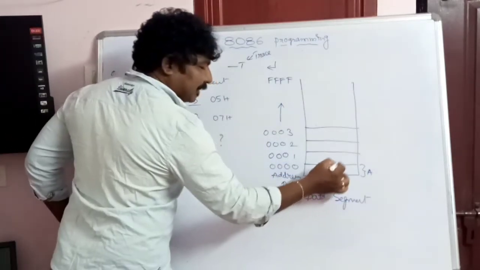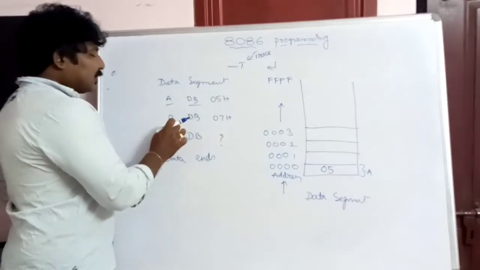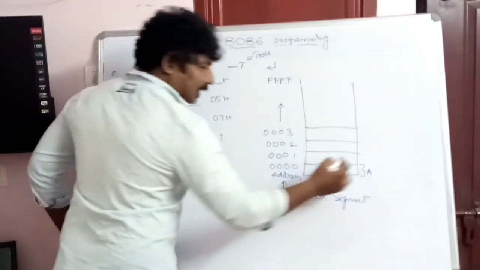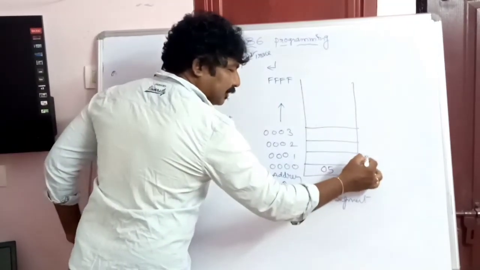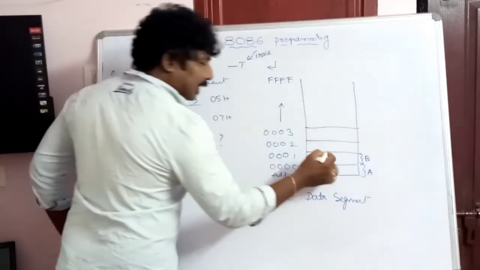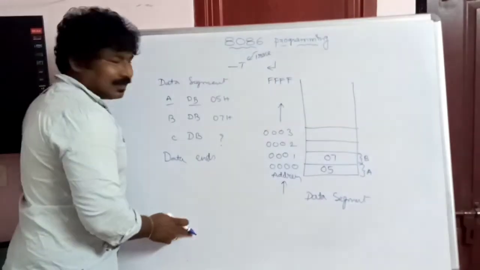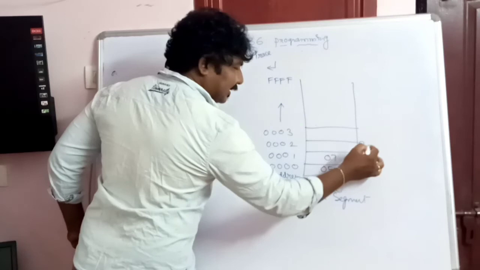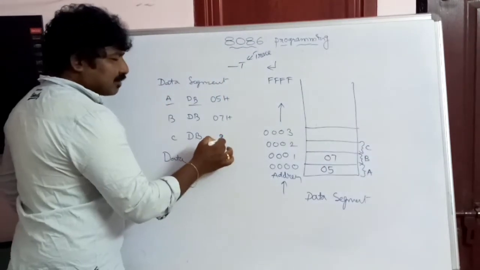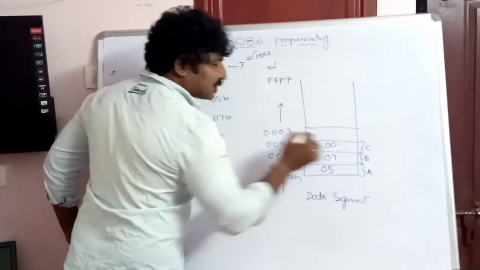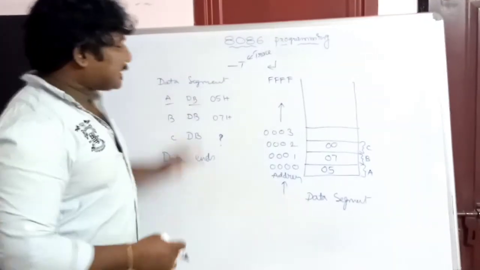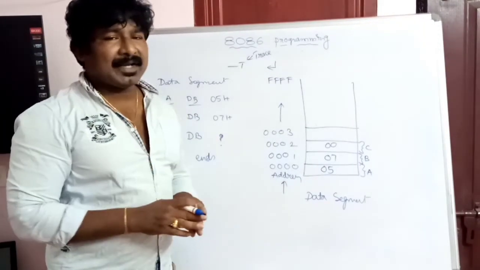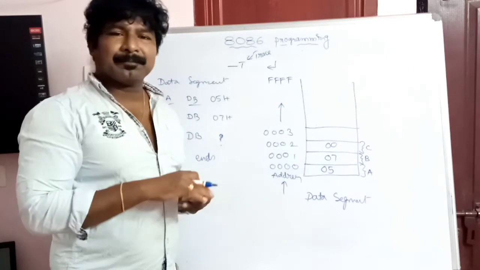So here 05 is stored. Then you have declared another variable called B, so the immediate next byte will be given to B, and you have assigned the value 07 here, and the third byte is reserved for C, and you are putting a question mark here. That means this will have zeros. So this is how your data segment will look inside the memory.